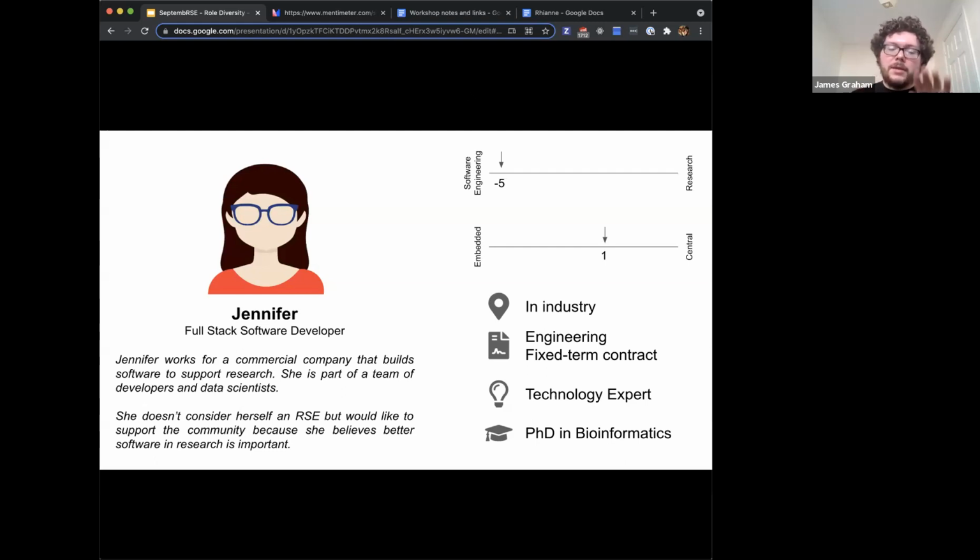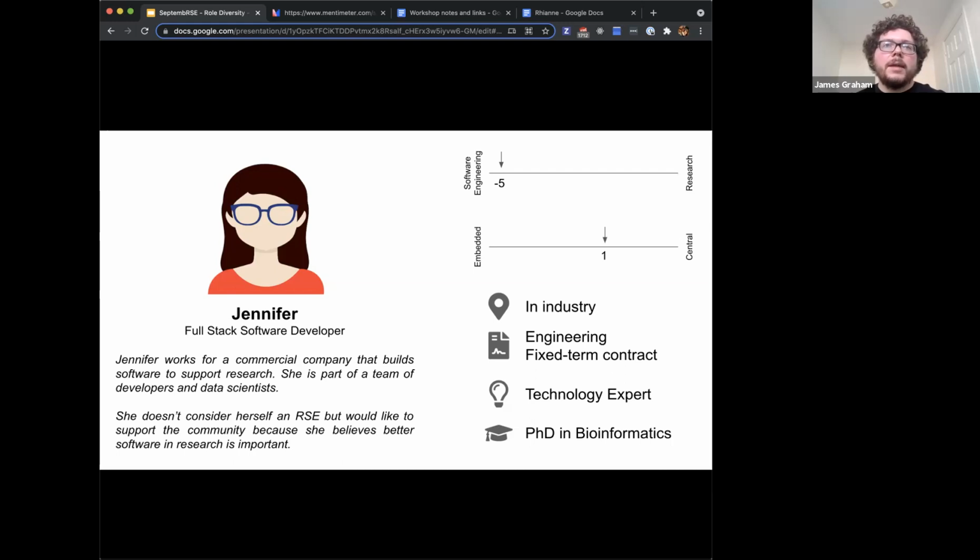So whether you're an RSE or a software engineer, and how closely do you work with the researchers? So we're not sure whether we consider her to be an RSE. That would depend on how her company works, how the research culture of the company is, and to what degree she interacts with researchers outside the company as well.